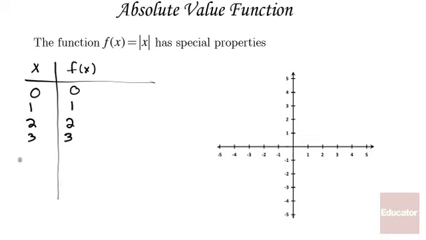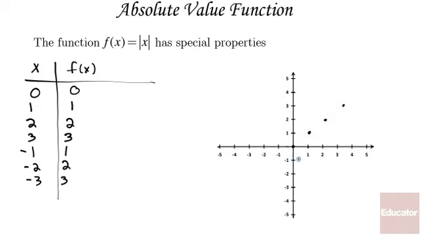Now let's look at negative numbers. For negative 1, absolute value is 1. Negative 2, the absolute value of x is 2. And on. The result is a certain shape of graph. So when x is 0, f of x is 0. X is 1, f of x is 1. X is 2, f of x is 2.